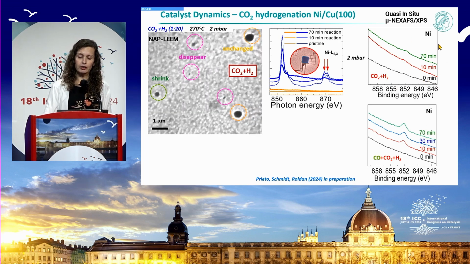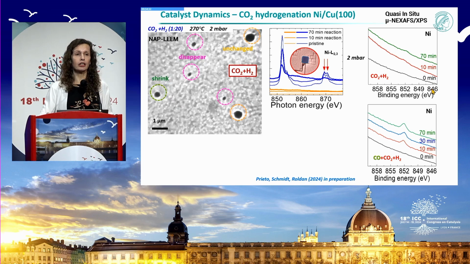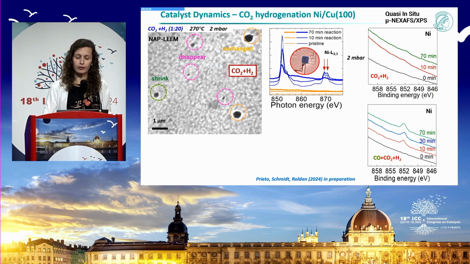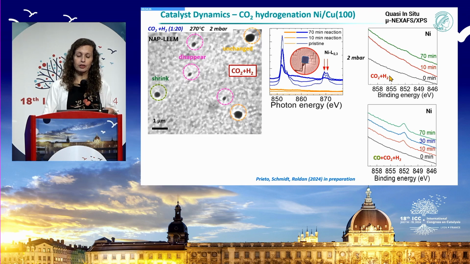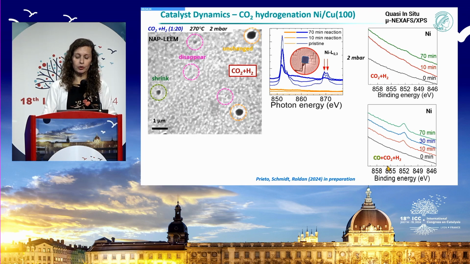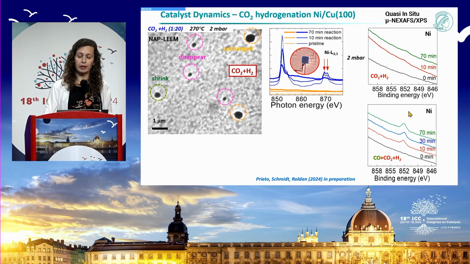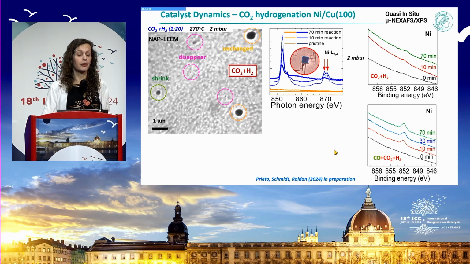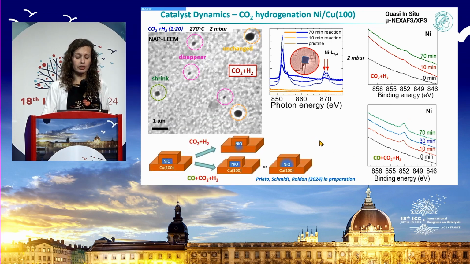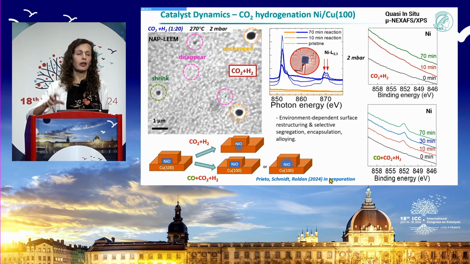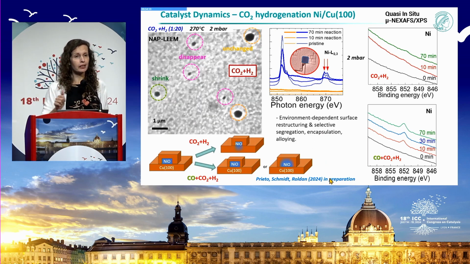And we are looking, in this case, at nickel, and we are looking whether nickel is closer to the surface or more covered with copper. And this depends on whether you are dosing CO2 and hydrogen together or if you are also adding CO. When you add CO, we see that the nickel starts coming up, coming closer to the surface. So this is just very, very recent data, but my idea is to show you that it's very important to look with microscopy and spectroscopy, ideally combined.